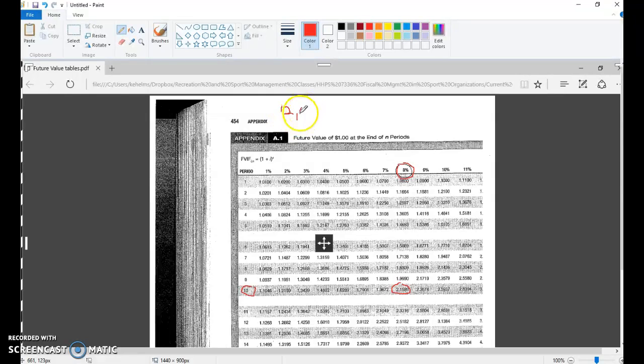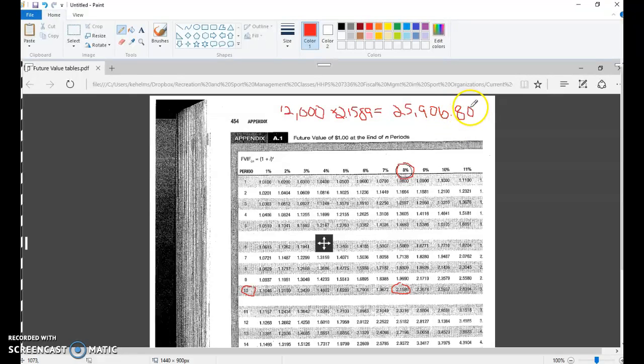Would be nice, wouldn't it? $12,000, right? So 12,000 times 2.1589. And that gives us a future value of 25,906.80.